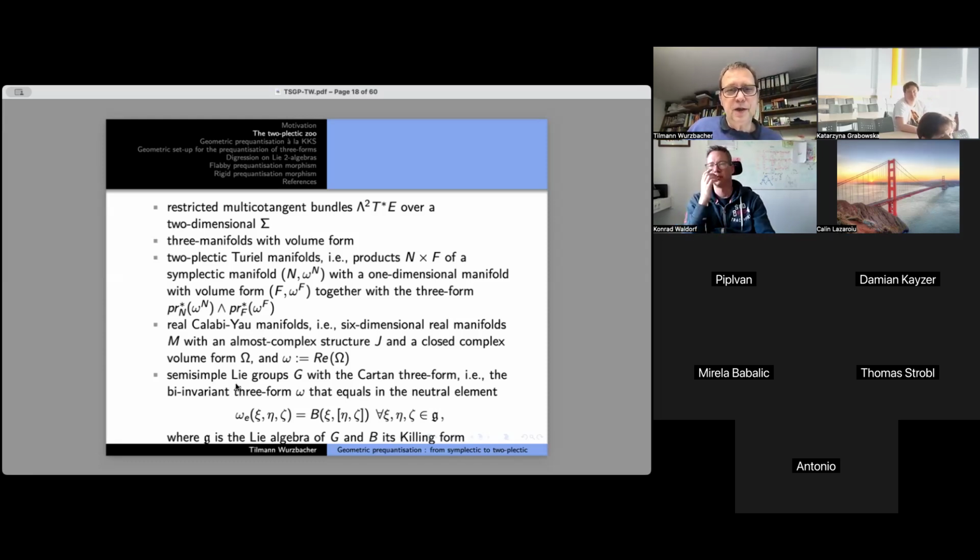This is an interesting example from the point of view of coordinates, because you don't have the analog of Darboux coordinates in this case. So it's rather well described in an algebraic sense, but in local coordinates, you cannot standardize it in standard coordinates.